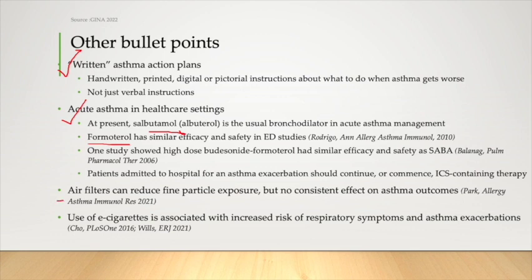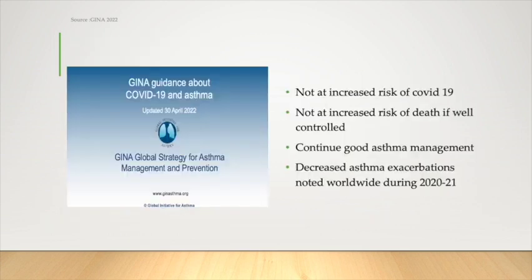Air filters or purifiers can be recommended to asthmatic patients, but there's still no evidence of a consistent benefit on asthma outcomes. Another point mentioned is that e-cigarettes will increase respiratory symptoms and asthma exacerbations.